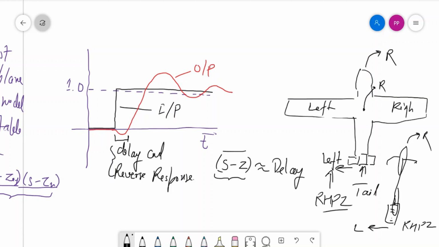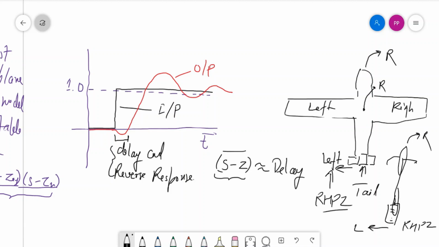Such examples are very common in nature, and because of such RHP zero dynamics, designing a controller for such systems is extremely challenging and difficult, and most of the time we have to go for certain advanced control system designs which are beyond the fundamental elementary control system designs. That is beyond the syllabus which you are going to learn in this course. Beyond that, we need to adopt some other technique to tackle such RHP zero dynamics.